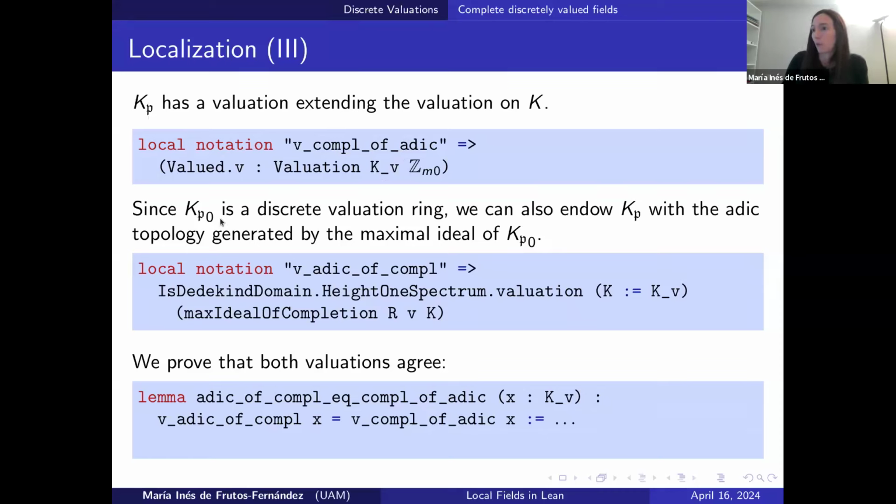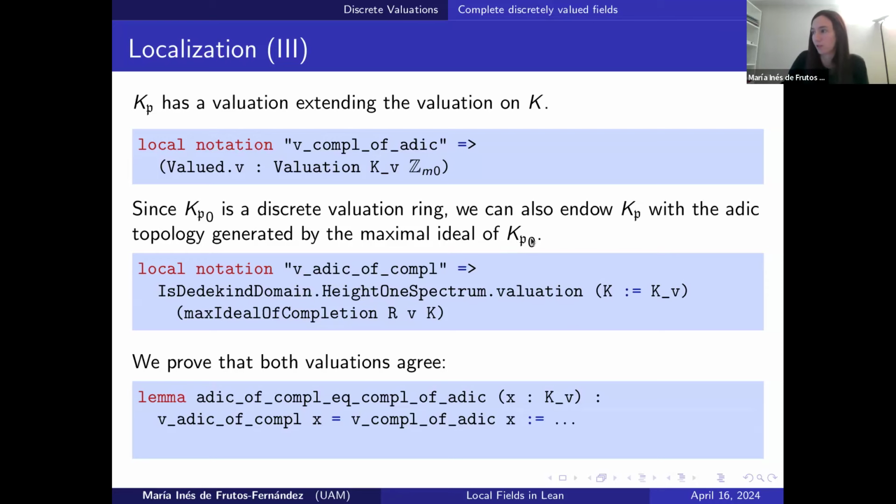However, we now know, well, Lean now knows that K_P naught is a discrete valuation ring. And therefore, we have seen that we can endow K_P, which is isomorphic to the fraction ring of K_P naught, with the adic topology generated by the maximal ideal of K_P naught. And I'm calling this valuation completion of adic.